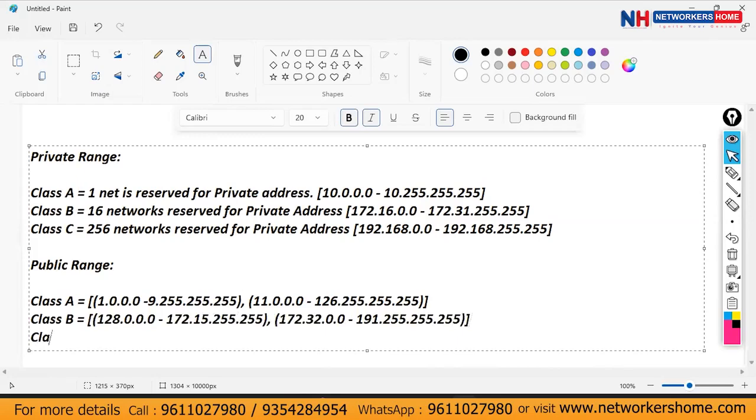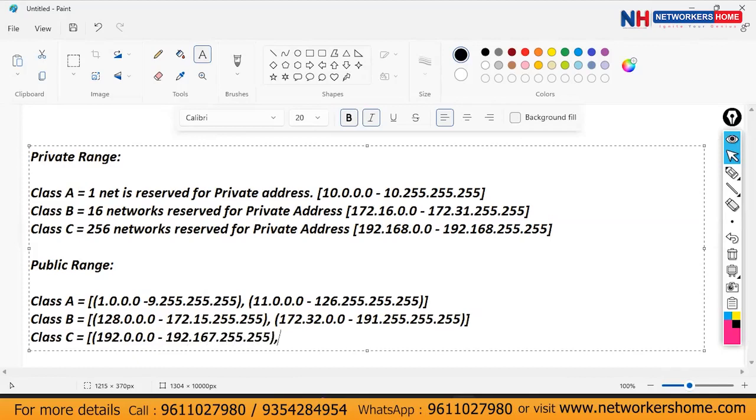For class C, your class C starts from 192, correct? So before 192.168, there will be 192.167. It is first going to start from 192.0.0.0 and end at 192.167.255.255.